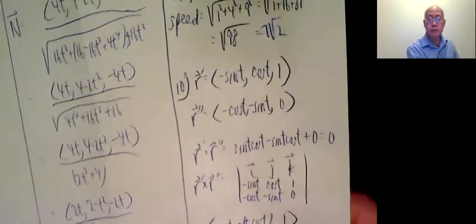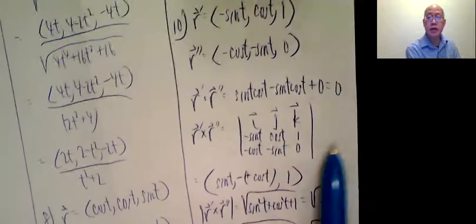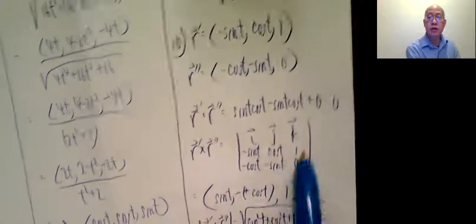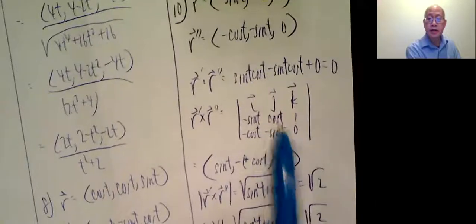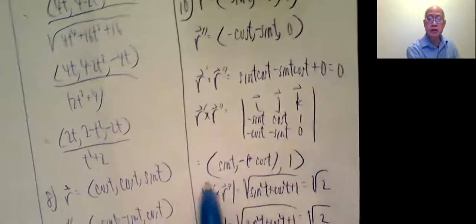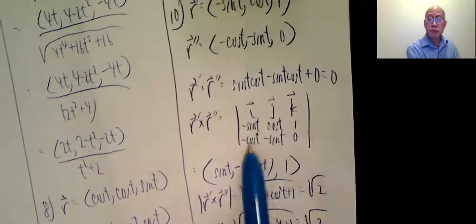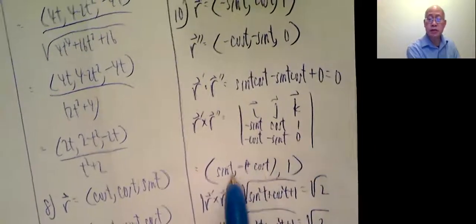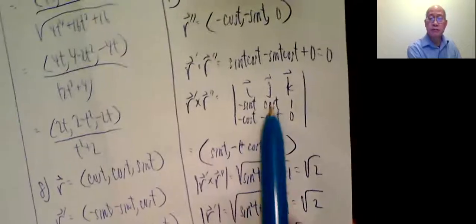Add them all up, you get 0. r prime cross r double prime: i, j, k, negative sine, cosine, 1, negative cosine, negative sine, 0. So i is nothing minus a minus sine t, so sine t. Then the opposite of nothing minus a minus cosine, so it's negative cosine t. And then k would be sine squared minus a minus cosine squared, so that's 1.